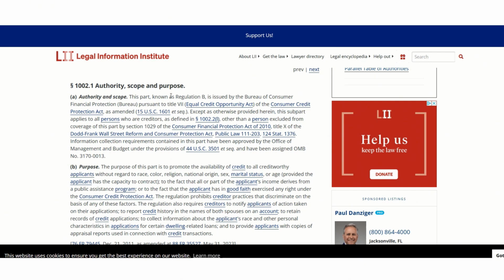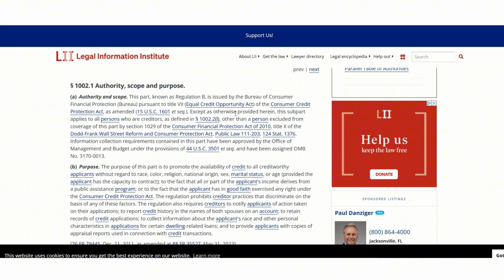This part, known as Regulation B, is issued by the Consumer Financial Protection Bureau, pursuant to Title 6 of the Consumer Credit Protection Act as amended, 15 U.S.C. 1601.